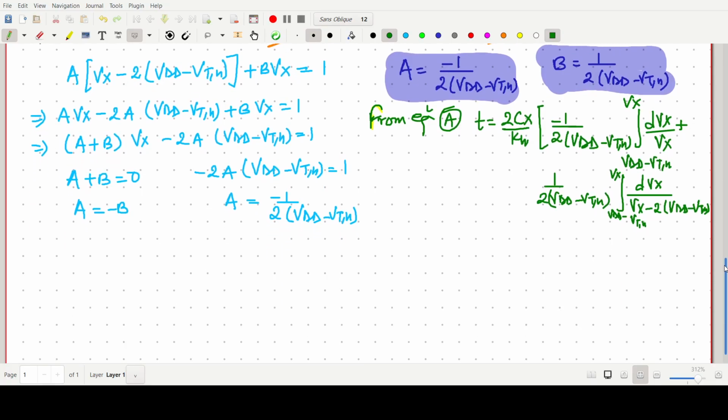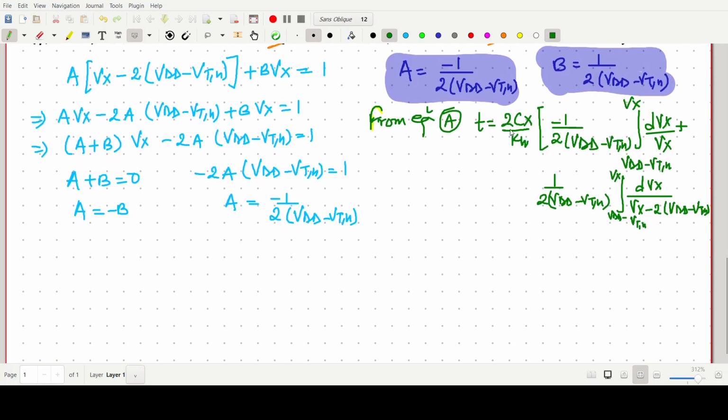So from equation 1, we can write t equals to twice Cx by Kn, and now taking 1 by twice (VDD minus Vtn) common.